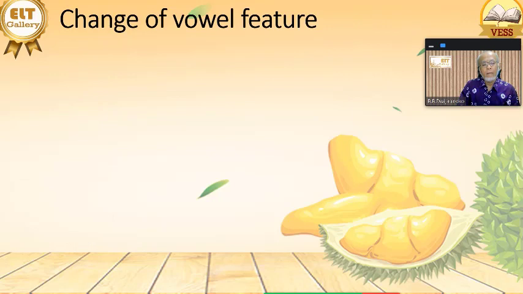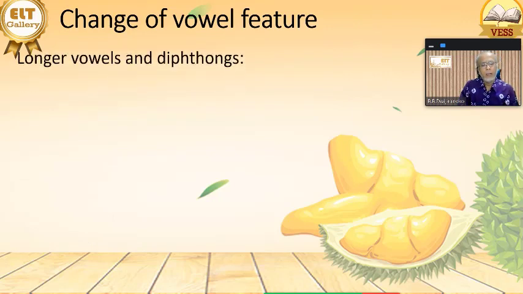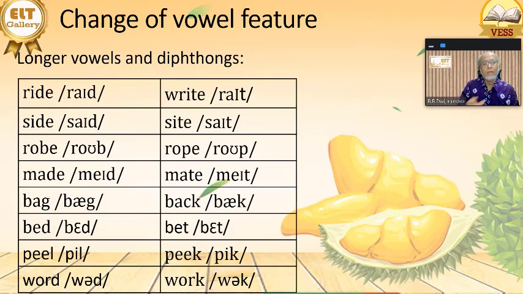And then we also have a change of the vowel feature. We can have longer vowels and diphthongs. So we have ride, right, side, sight, robe, rope, maid, mate, bag, back, bed, bet, peel, pick, wood, wook.